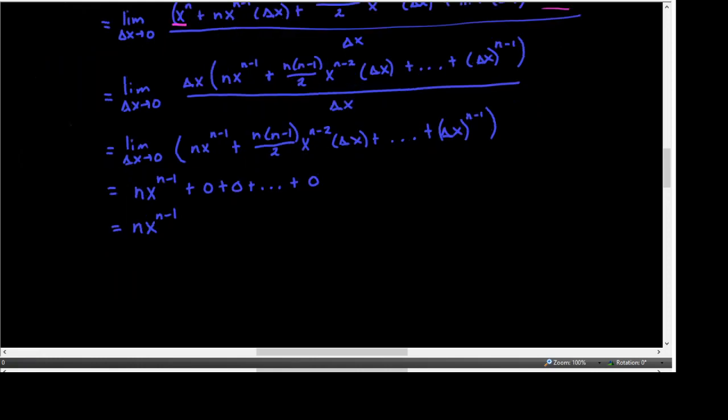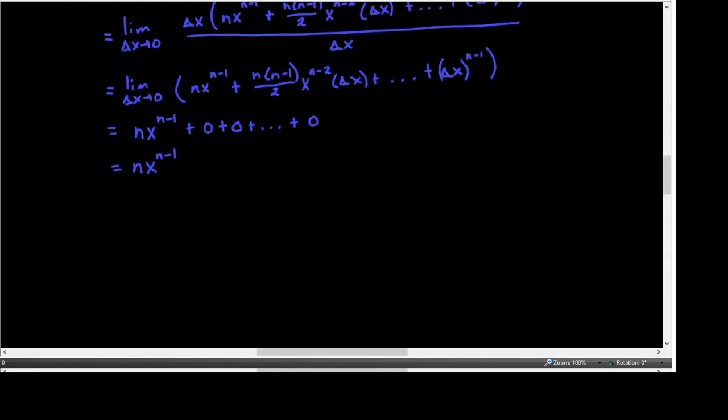Okay, so what that means is, and by the way, the binomial theorem uses n as a non-negative integer.